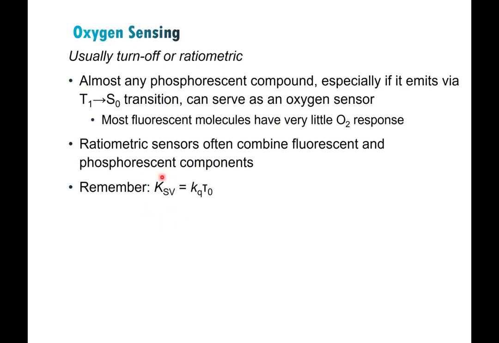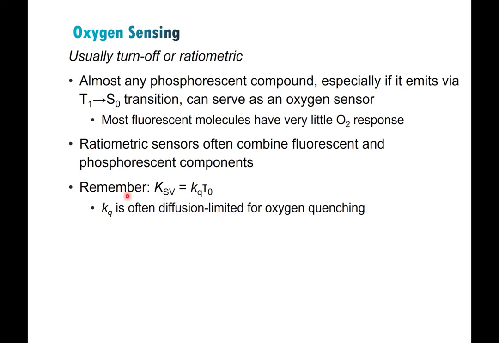And the Stern-Volmer constant, which is basically the slope of the line that relates the intensity decrease to the concentration of the quencher, is a product of two things: Kq, which is the quenching rate constant, and tau 0, which is the phosphorescence lifetime of the molecule that's quenching. And so in oxygen sensing with triplet state molecules, it's usually very efficient, such that Kq is close to or at the diffusion limit.